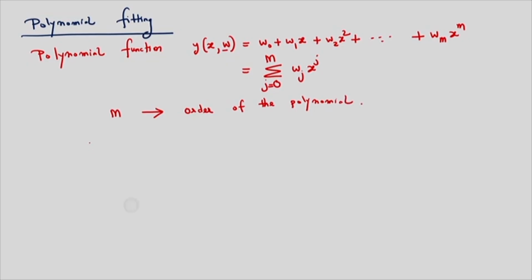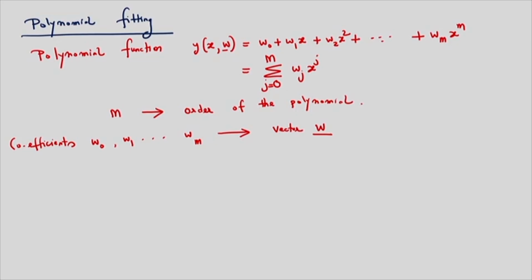These coefficients w0, w1, up to wm can be represented by the weight vector W. So this model we can consider for polynomial fitting.